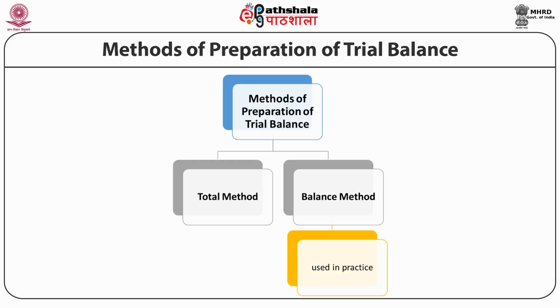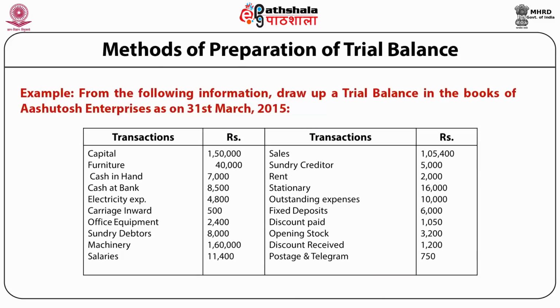For the purpose of providing clarity about trial balance, this table is given, and in this table transactions such as capital, furniture, cash in hand, cash at bank, electricity expenses, carriage inward, office equipment, sundry debtors, machinery and salaries, sales, sundry creditors, rent, stationery, outstanding expenses, fixed deposit, discount paid, opening stock, discount received, postage and telegraph are given.